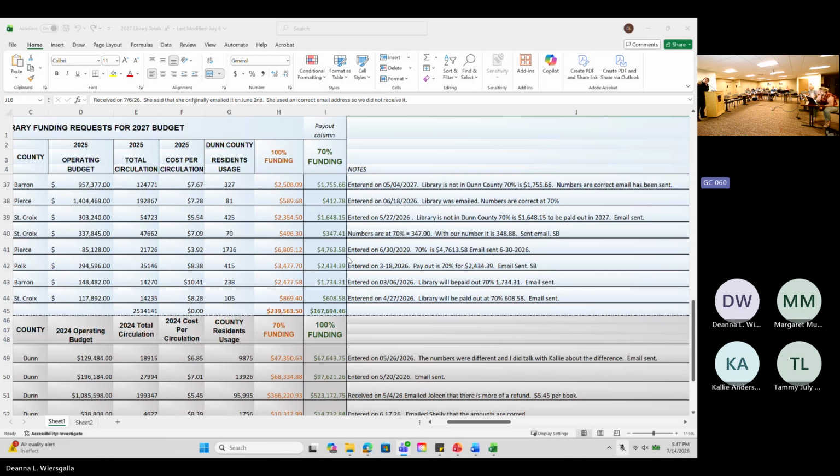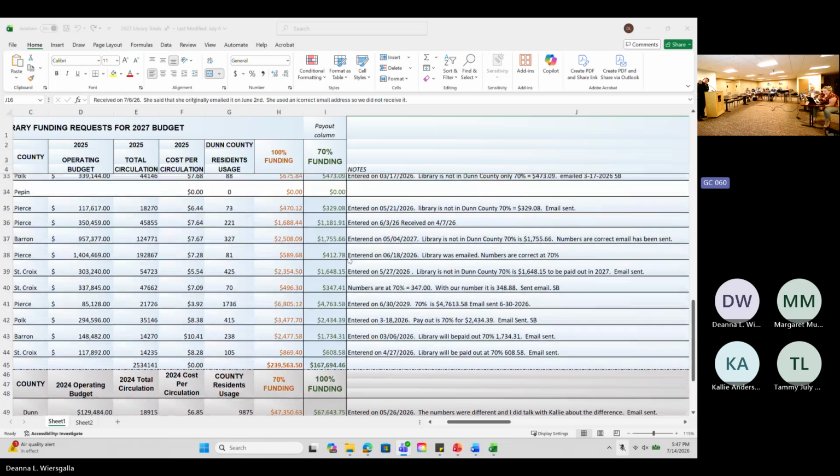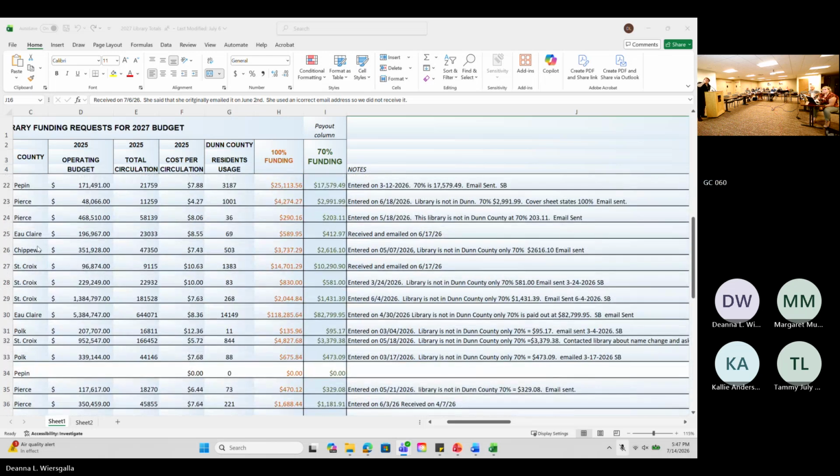The issue was, Deanna, can you scroll to the Chippewa one? It's up in the C's. Yeah, so here's where it is. Is it not Chippewa? One of them came in differently. So one of the requests had come in after the funding information was assembled, and I'm sorry, I thought it was Chippewa.